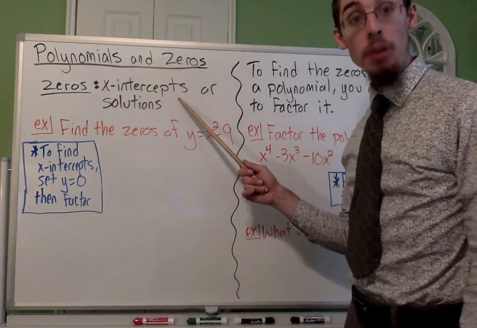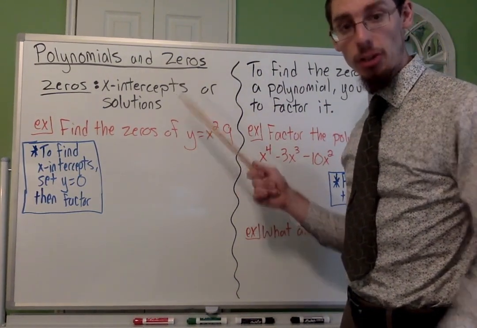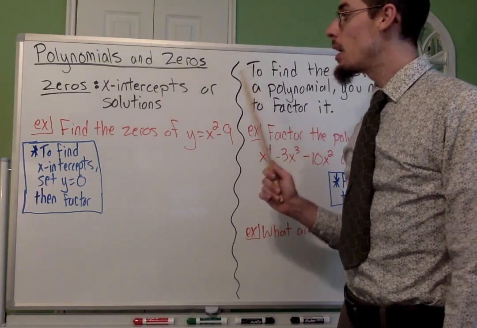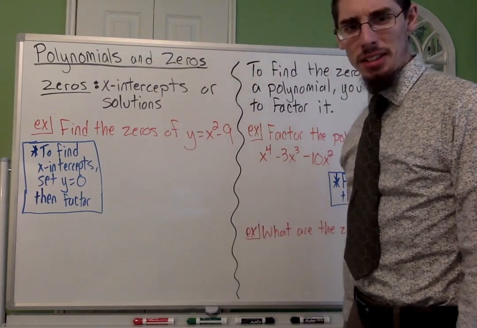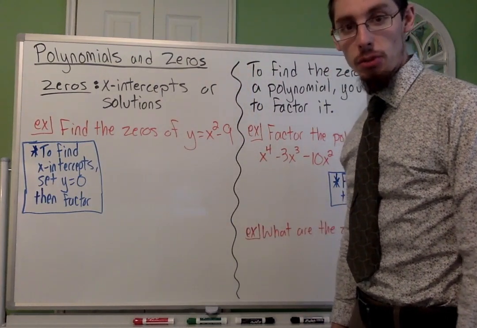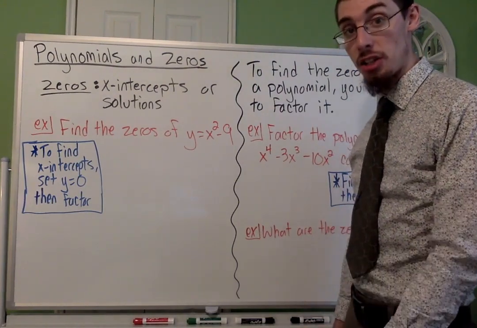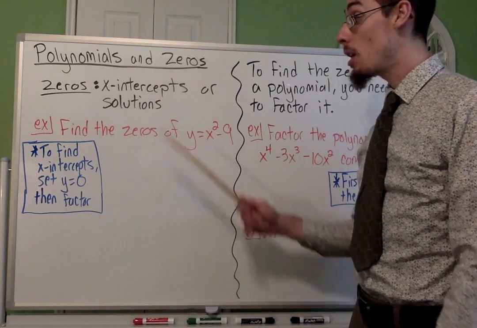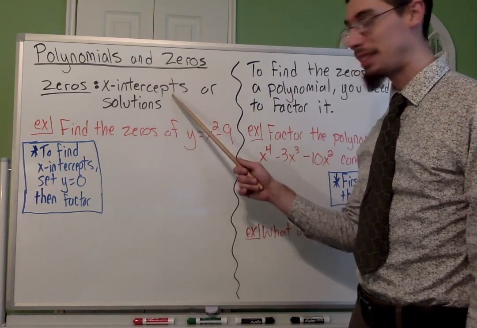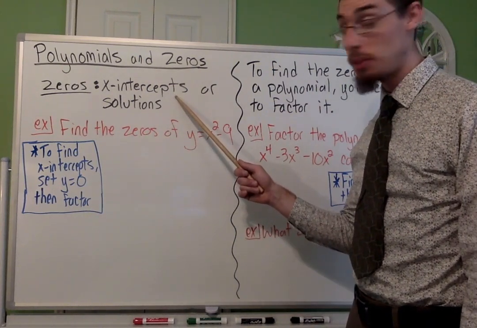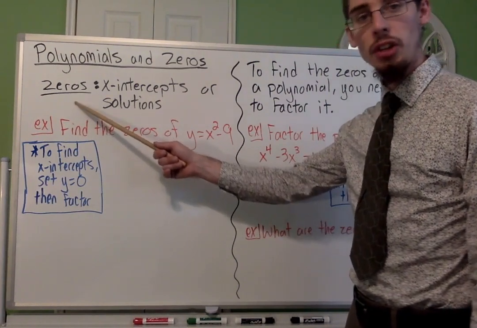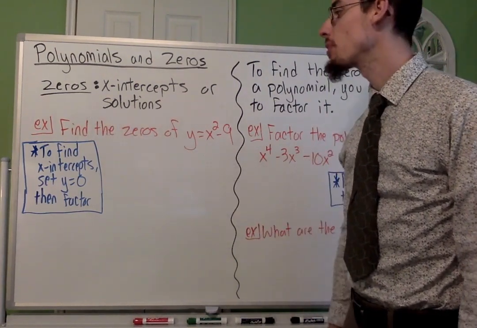And this could happen more than one time, as we'll see. Or you could think of it as the solutions. So if you think back to when we solved quadratic equations, right? Those solutions were the same as x-intercepts and are the same as calling them zeros.